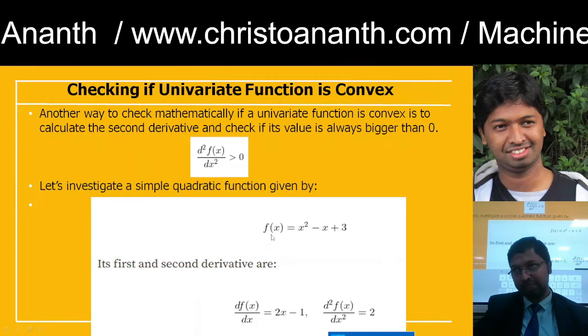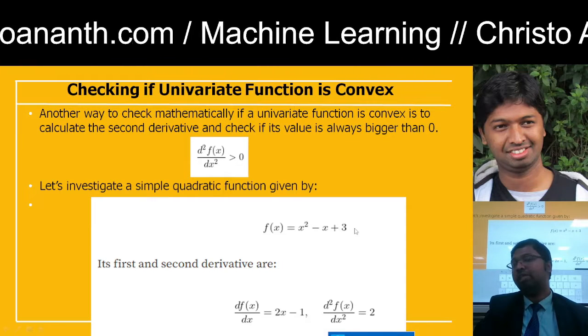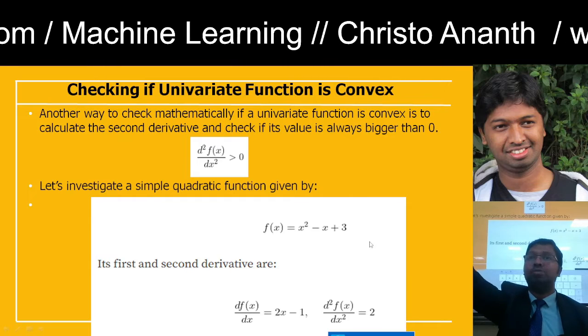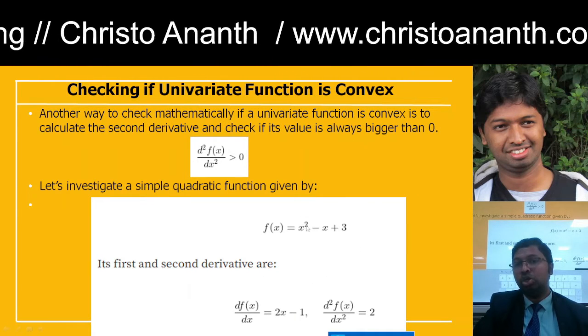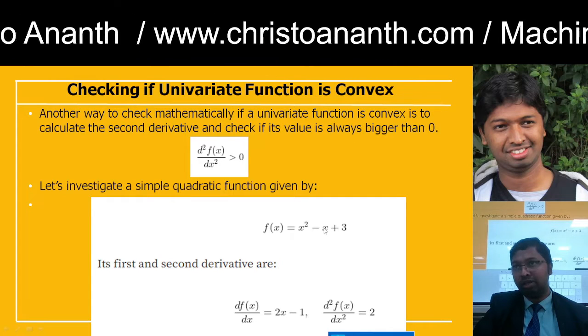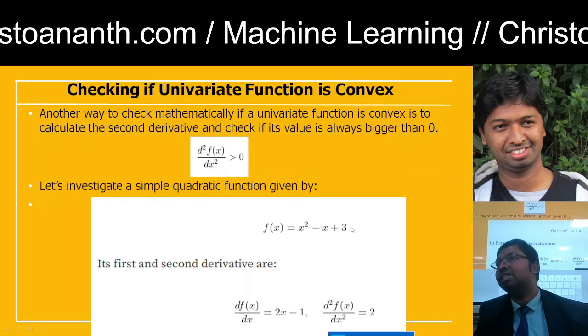For example, let us take a function f of x equal to x square minus x plus 3. So differentiate 2 times. The first derivative is 2x minus 1 plus 0, since differentiation of a constant is equal to 0.